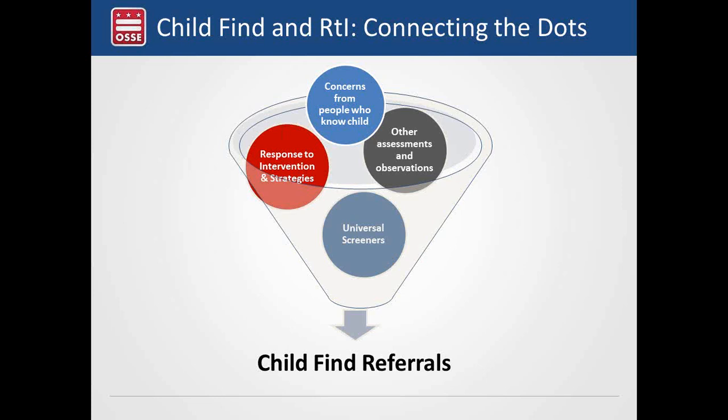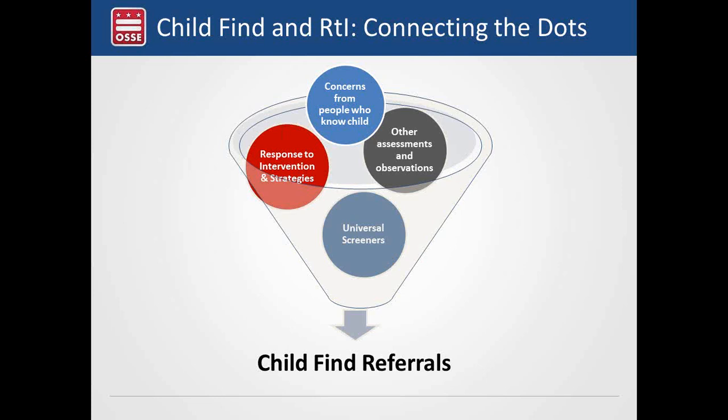In fact, trying different interventions and documenting how the student responds to those interventions is really great data that's very helpful during the initial evaluation process. So to have that existing data already that you can analyze, and to continue to collect that data throughout the timeline, is great. You should not delay a referral just because RTI is happening.